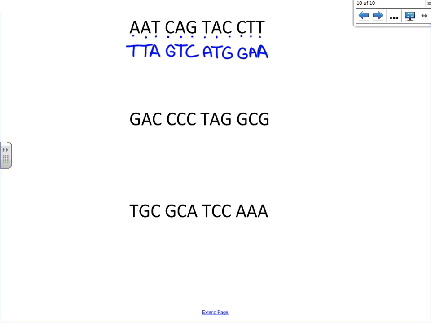All right, if you can do that, great. If you can't do that yet, get a little more practice with the next ones. Now try this next one all on your own. I'm going to give you about 30 seconds to work on this. This sequence right here, you want to make a complementary strand for all 3 of these.